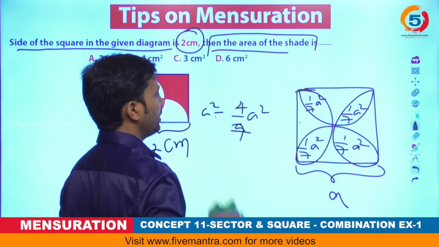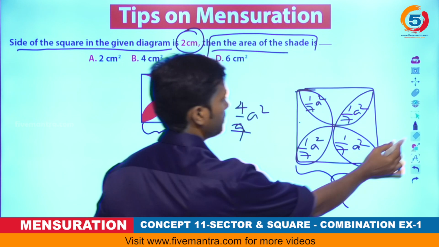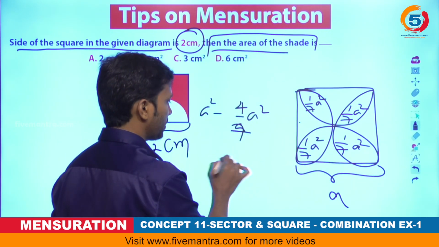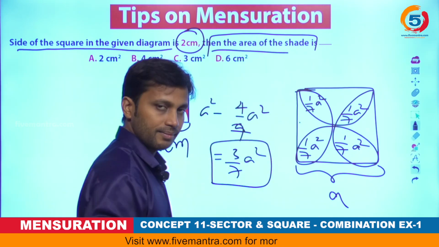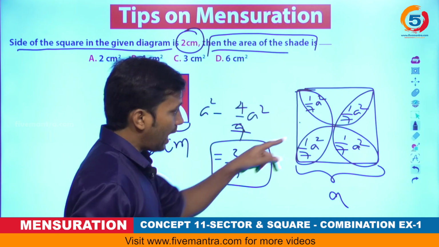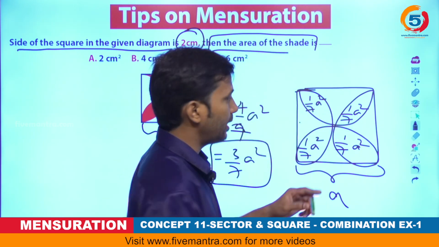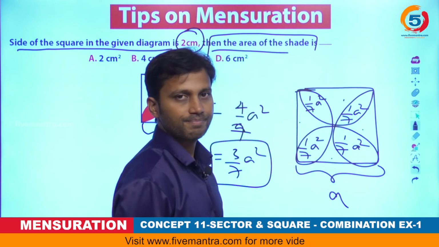So a² minus 4/7 a², how much is that? That is 3/7 a². That means this is the area other than the flower inside the square. That means this gap, this gap, this gap, and this gap.